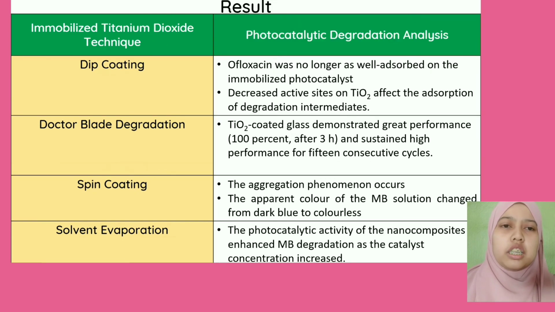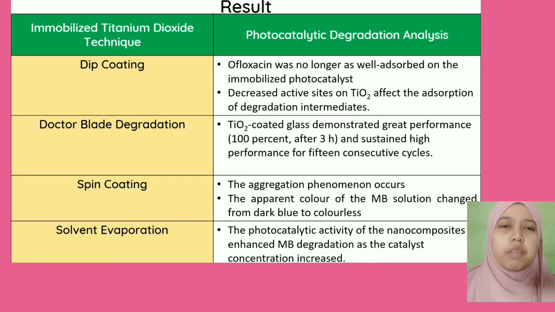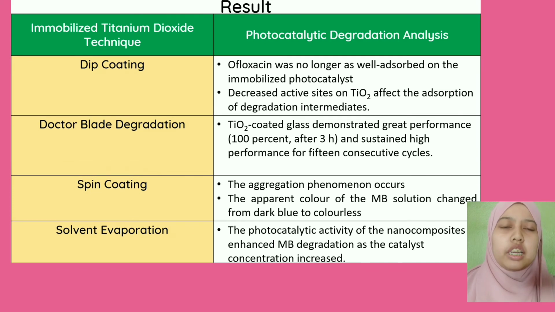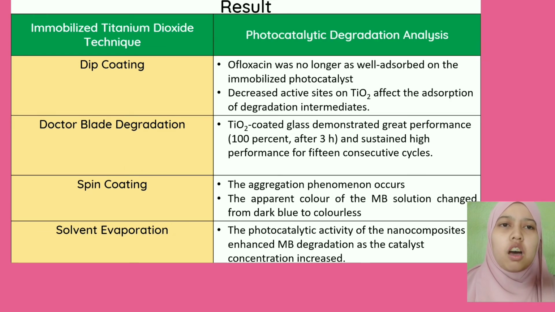This is because these two methods need the polymer binder for more than 10% to attach to the titanium dioxide surface, and this shows through the SEM analysis, where the deposited film reveals a very porous, broken appearance for dip coating, and doctor blade coating produces an opaque titanium dioxide thin nanostructure film on optically clear glass substrates.